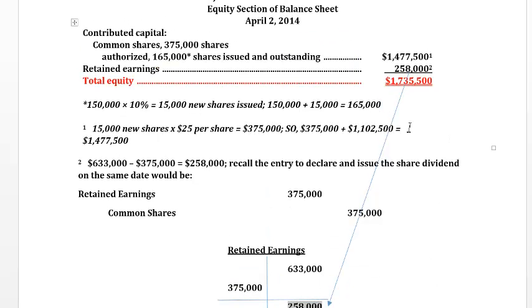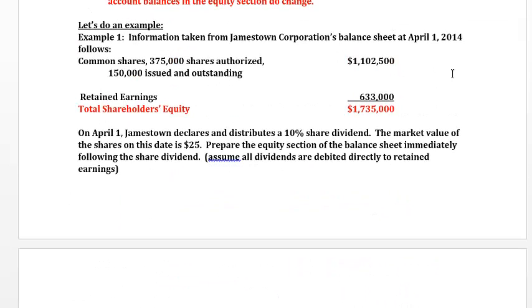Now you'll notice here that the total equity is still 1,735,500, which is the same as it was in the question when we began, before the share dividend.